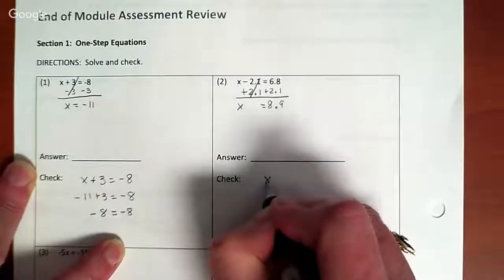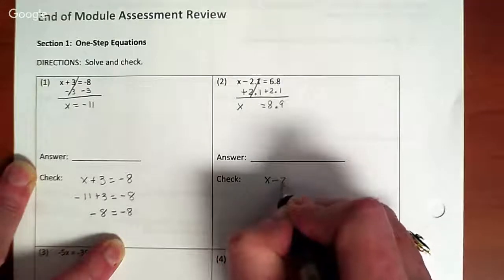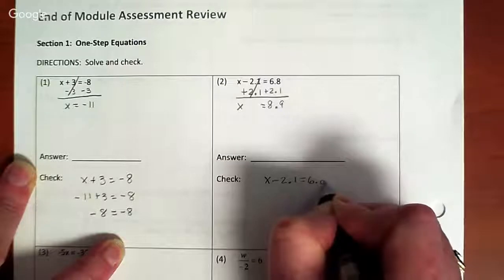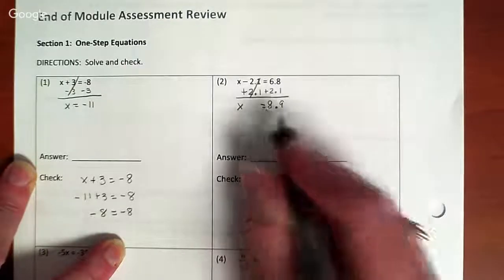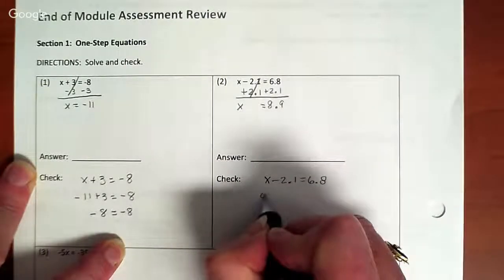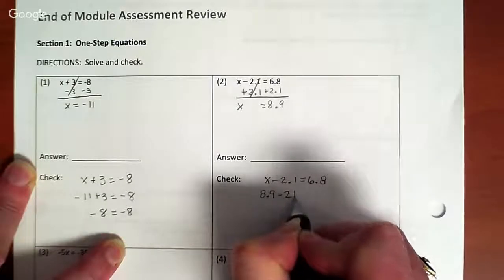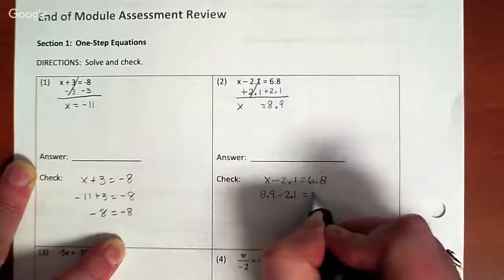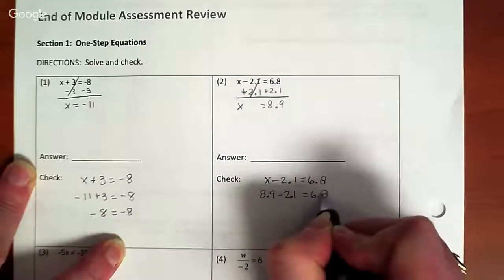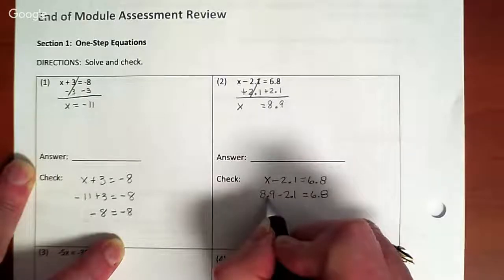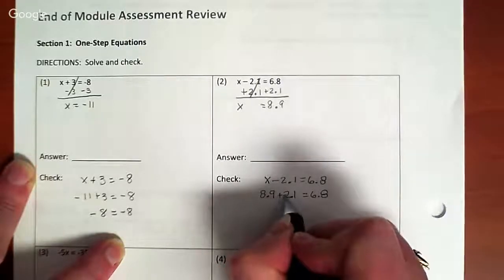So now we always rewrite our equation. Replace our letter with what we are saying our answer is. And remember to do the math and use your calculators. 8.9, leave change, change.